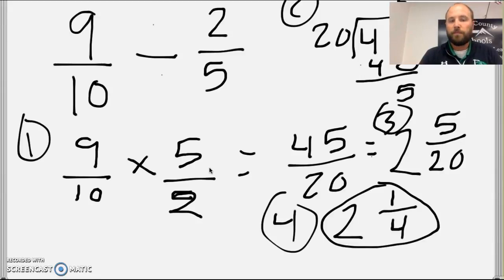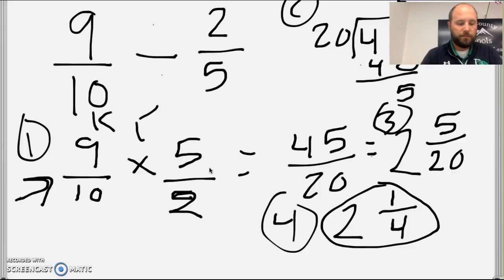Okay? So we did the keep and the flip. Keep, flip, flip. Then we had 45 over 20. We knew that was an improper fraction, so then we came up to step 2. Then we got 2 and 5/20. Then we know, oh, those numbers are compatible, so we had to reduce one more time.